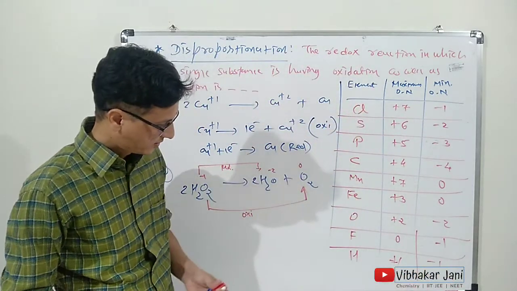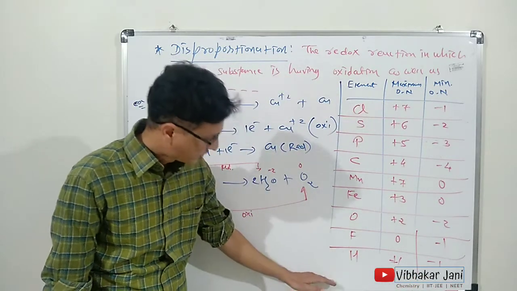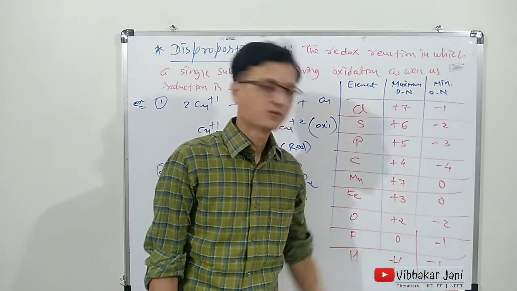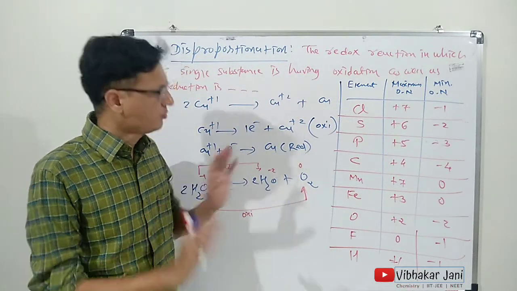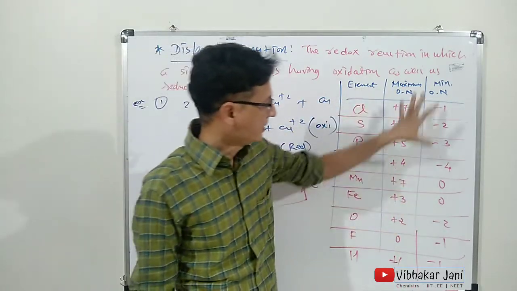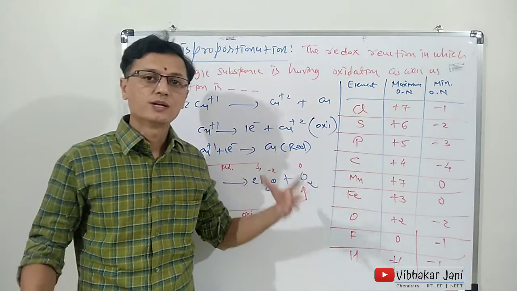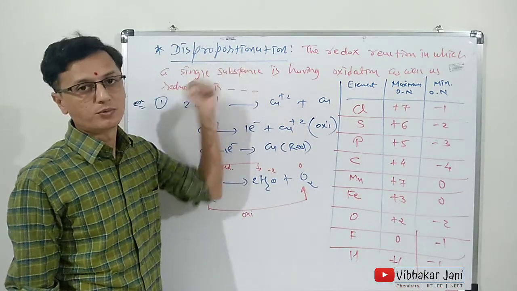Hope you can see these things which I have written at the bottom of this page. Hydrogen is having +1 as maximum and -1 as minimum. So right now you have to remember the maxima and minima for these elements. It will help us solve many problems related to disproportionation.